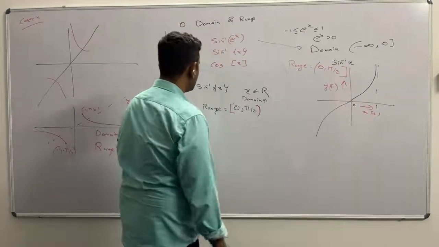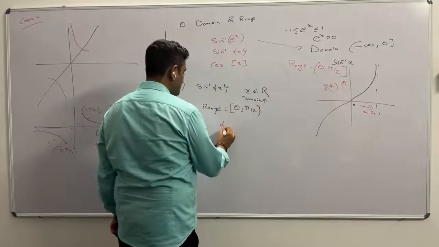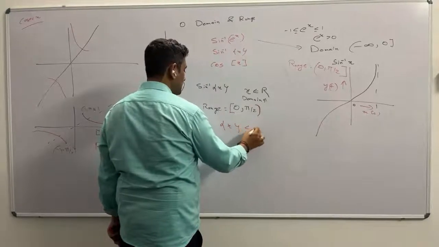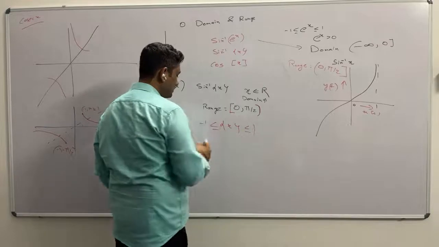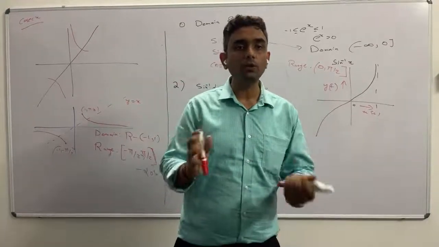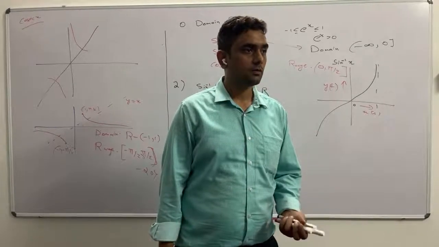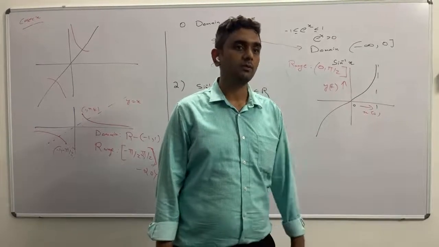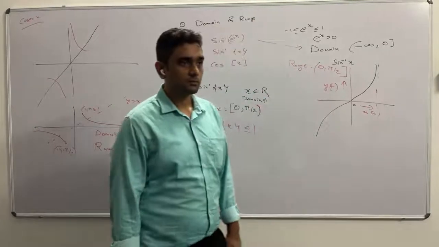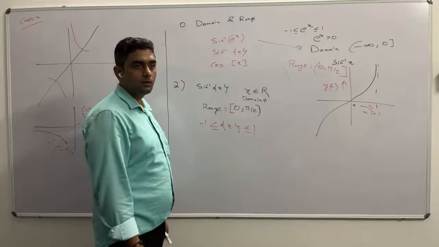Now, as for the second part, we have sine inverse fractional part of x. We'll get the same condition, that fractional part of x should lie from -1 to 1. But by default, no matter what value of x you take, fractional part will always lie from -1 to 1. Not even -1 to 1, 0 to 1, to be more precise.